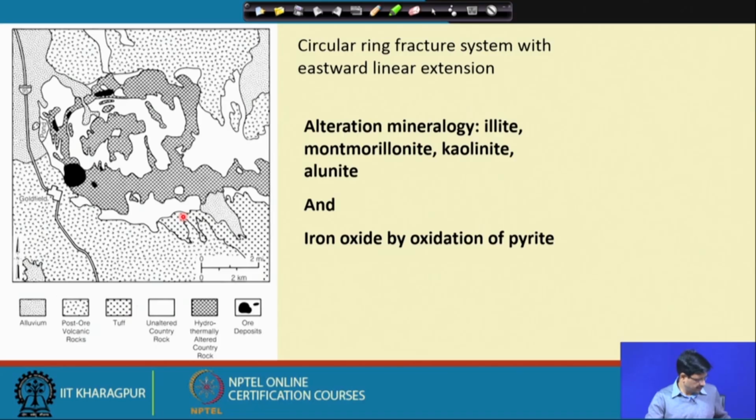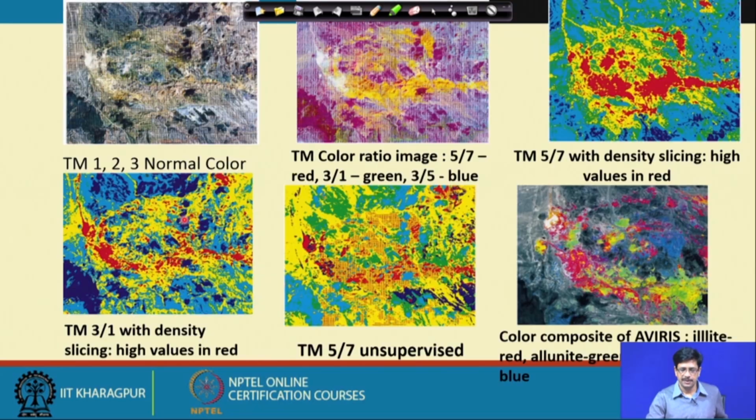Suppose this area is studied by remote sensing, by taking the digital image data in different bands that we discussed, and suppose we are considering the thematic mapper, which has 7 bands. These colored pictures are the end products of analysis of the digital data using various techniques.